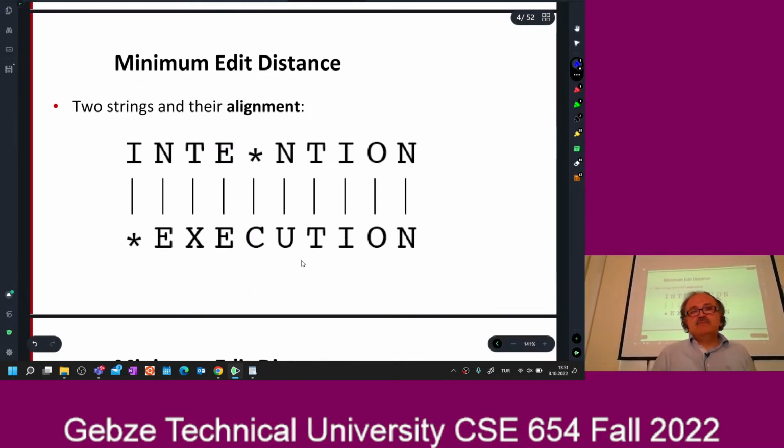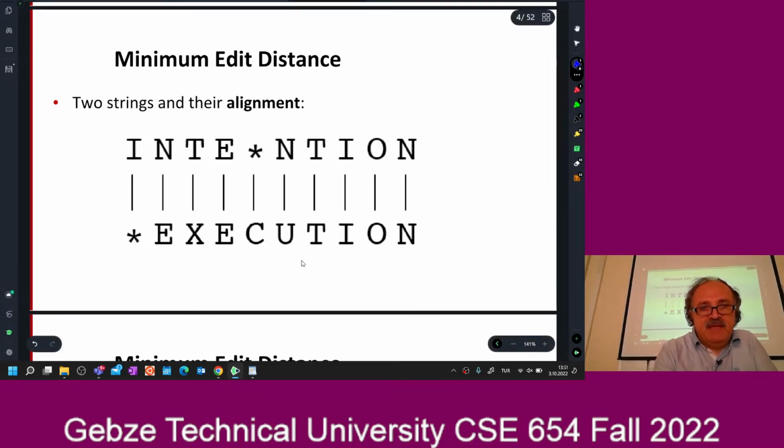Okay, so I like to do an example. I like to find the distance between intention and execution. Okay, and I guess this is the best alignment. It looks like I am going to delete this one.